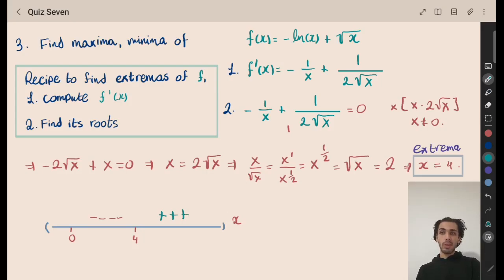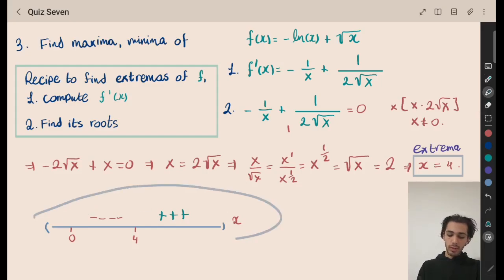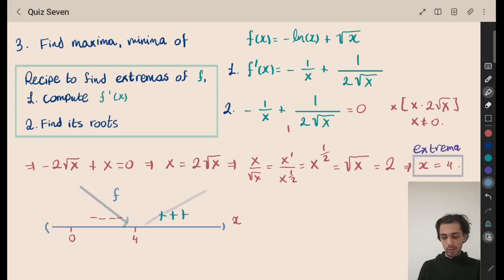And now to use the theorem which we've been discussing, this is the analysis of the first derivative. Since it is negative, then f is decreasing on this interval. And vice versa. Since the derivative is positive on this interval, my apologies, then f is increasing.